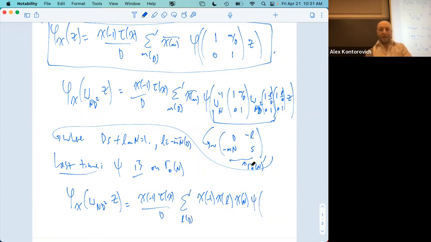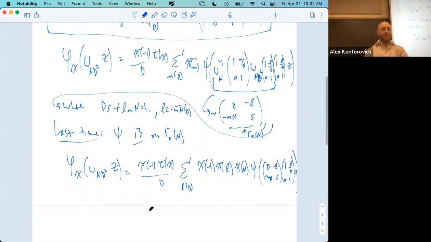And then what I get is phi. Now I'm not going to erase this matrix. I'm going to keep this matrix here: d negative L minus mn s times 1 L over d 0 1 s z. Okay, this is just what we did last time. From this, we got the functional equation.